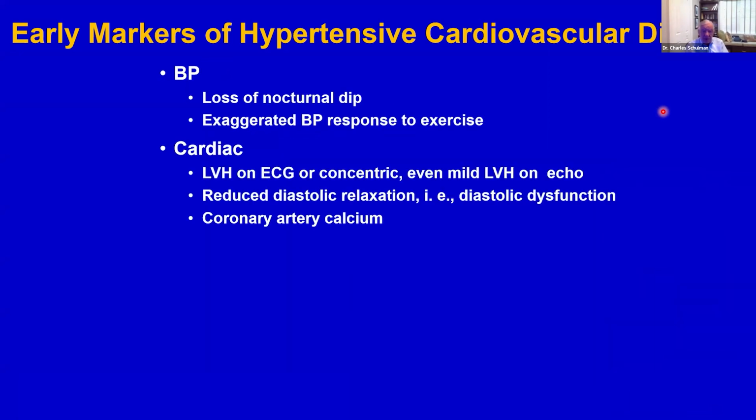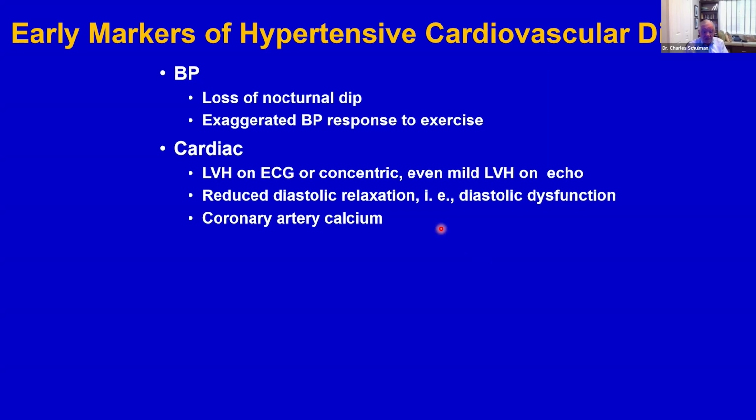Cardiac markers of hypertensive cardiovascular disease include left ventricular hypertrophy, either on ECG or on echo, diastolic dysfunction, and the presence of coronary artery calcium, which of course is a sign of coronary artery disease.